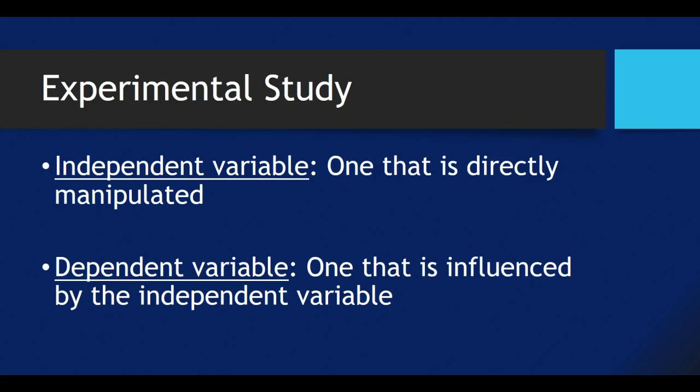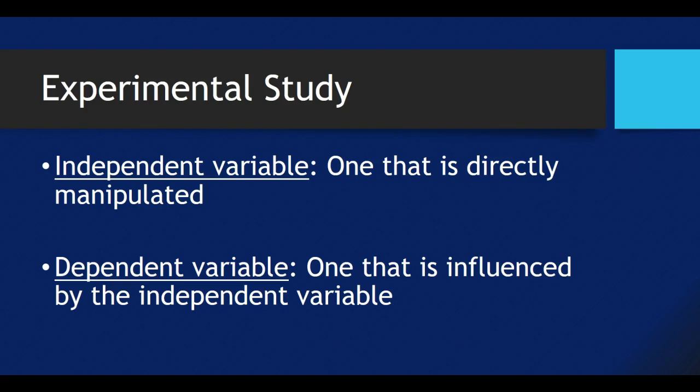Now, also inside the experimental study, we're going to be looking at two different variables. So we're going back to categories of variables, and we're going to do independent and dependent variables. Now, the independent variable, officially, is the variable that is directly manipulated.